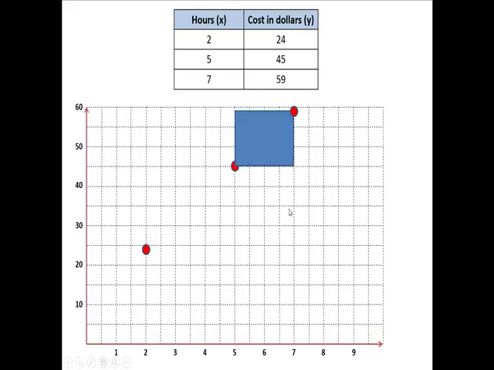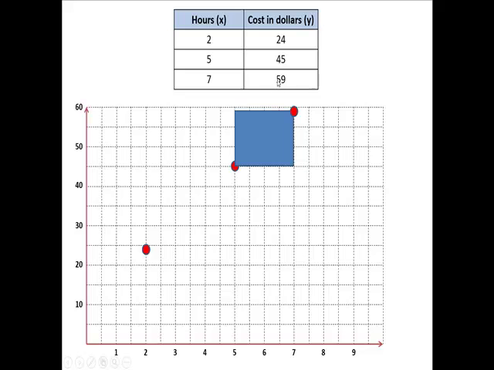Now, if you think about these 2 points, this point and this point, how far did you rise from 45 up to 59?